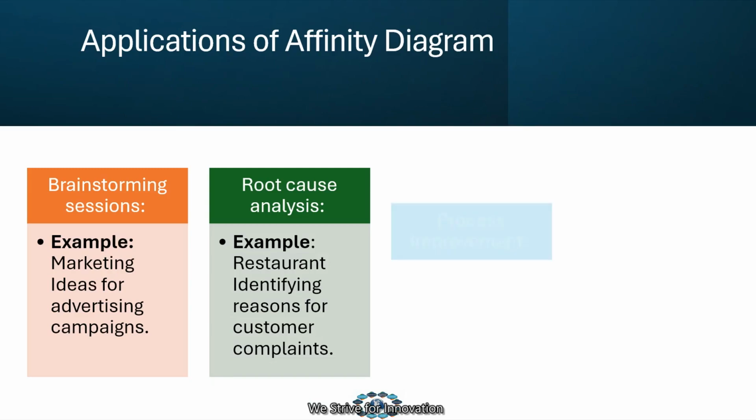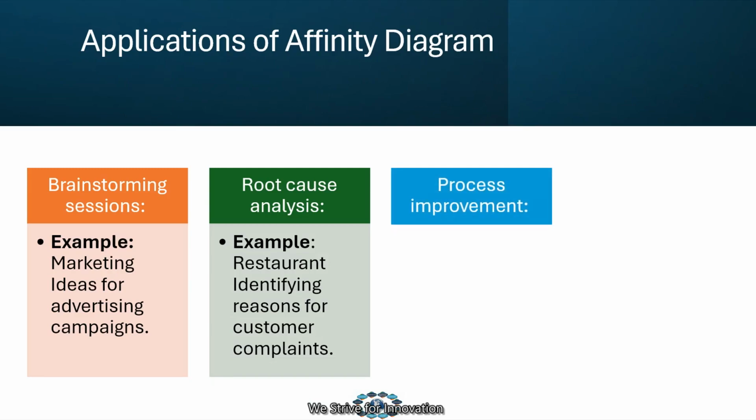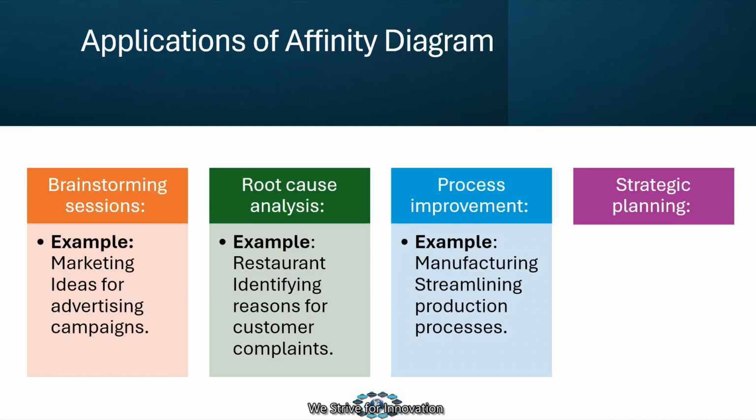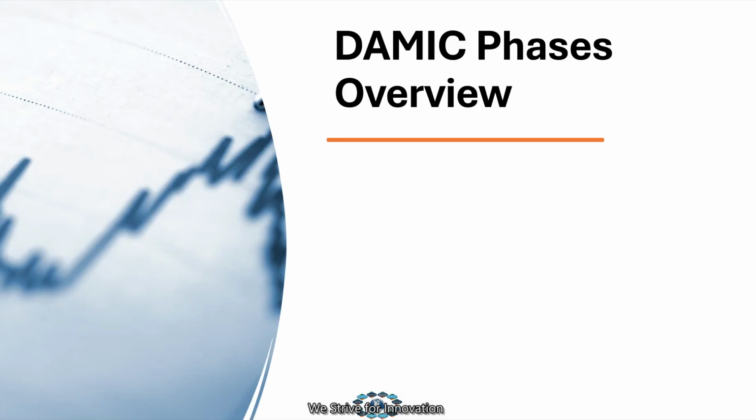Also in the process improvement field, in a manufacturing plant, affinity diagram can be used to analyze workflow inefficiency and streamline the production process. Also in strategic planning, organizations can use affinity diagram to prioritize goals and strategies for future growth and development.